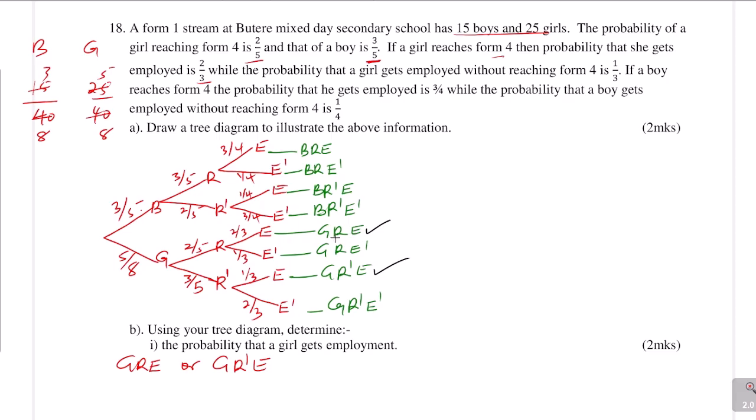So the first one is 5/8 times 2/5 times 2/3, or the other one, 5/8 times 3/5 times a third.